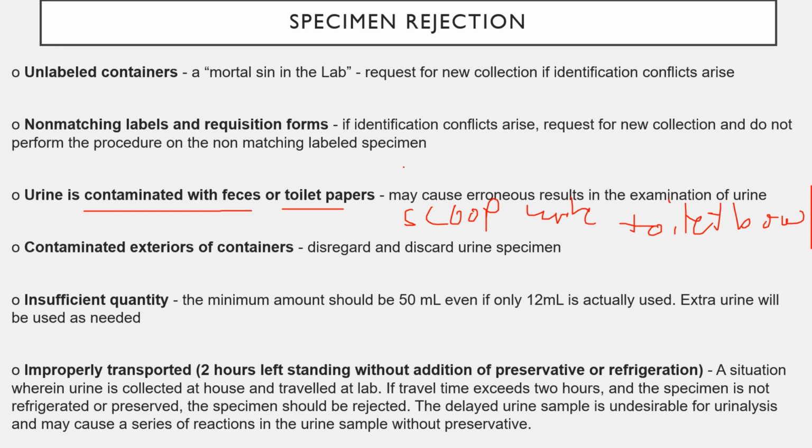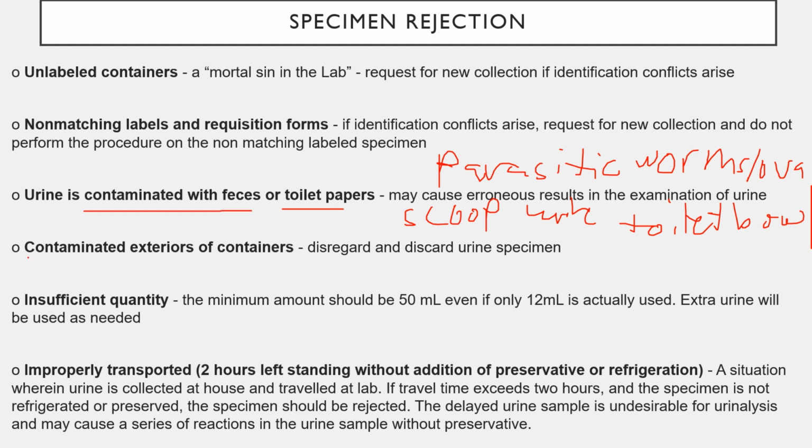So mamaya, kung masyashock ka, you would find parasitic worms. Let's say positive yung patient for ascariasis. So, yung stool na halo nga sa urine, you'd find parasitic worms or ova or eggs in the urine. So, this can cause erroneous results.